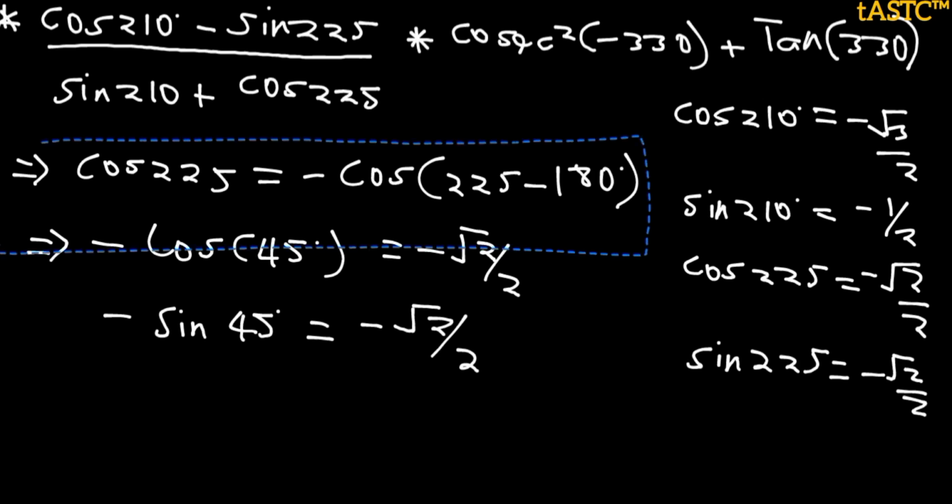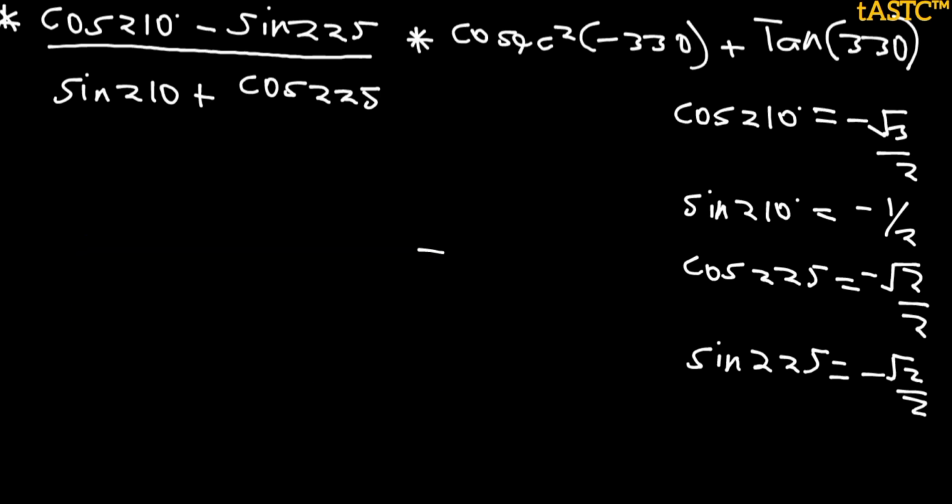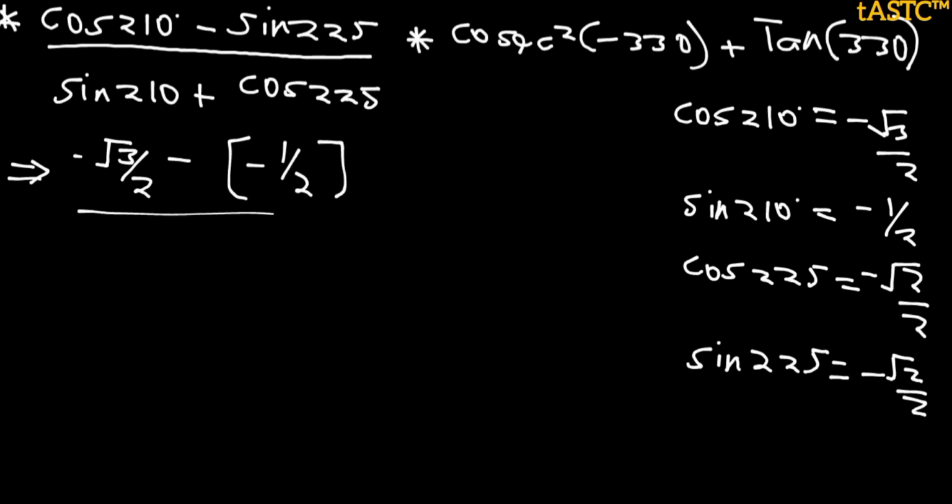Now having got all this, we're going to plug it back into the form of the question. So for cos 210, we have a negative root 3 divided by 2. And this is minus sine, and that is a negative half. Now divided by sine 210, rather.